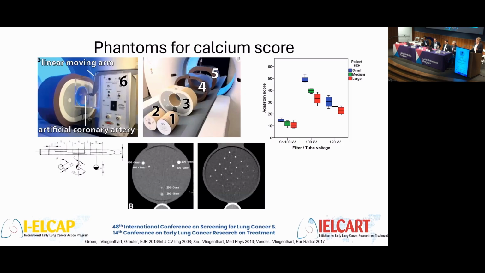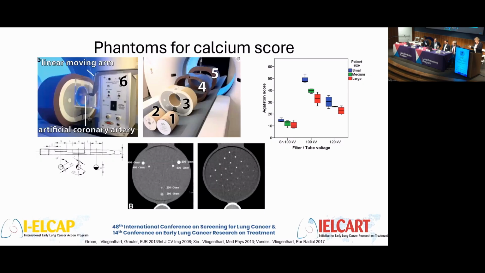For calcium score, and I think this is important when we consider comprehensive screening, which we'll be discussing tomorrow, you also have to be aware that any change you make to your lung screening protocol will possibly affect your calcium score. We have, however, multiple phantoms that can be used to at least get an idea of the impact, which is this round insert with 135 millimeter diameter calcium spots, but also a tiny calcification phantom, as you see on the right.